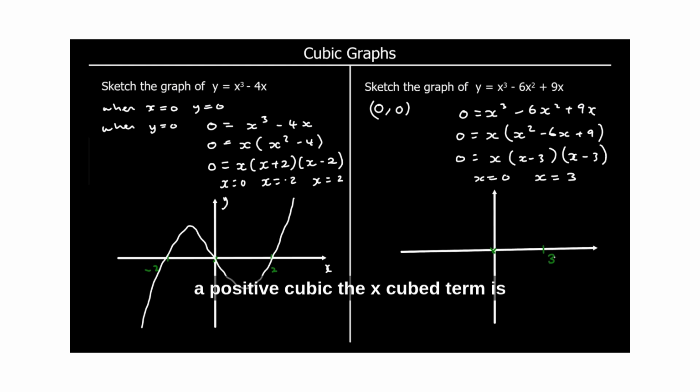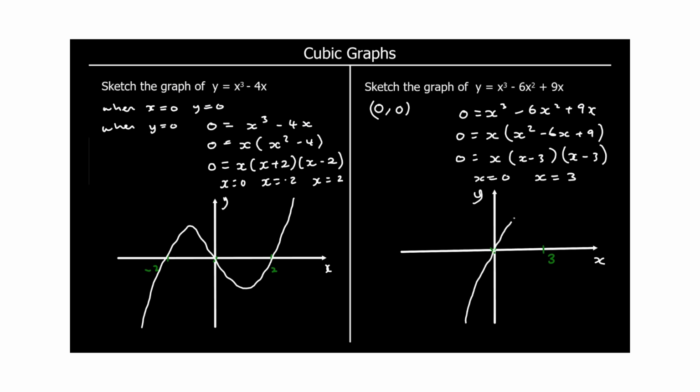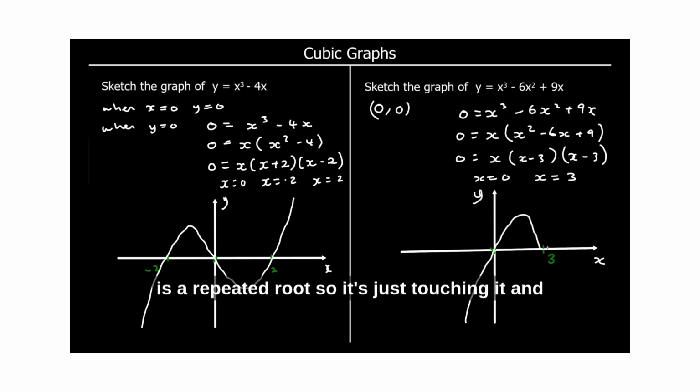It's a positive cubic. The x cubed term is positive. 3 is the repeated root, not the x. It's not x squared, it's just x. So we're starting in the bottom left. 3 is a repeated root, so it's just touching it. And then it's going up, ending in the top right.